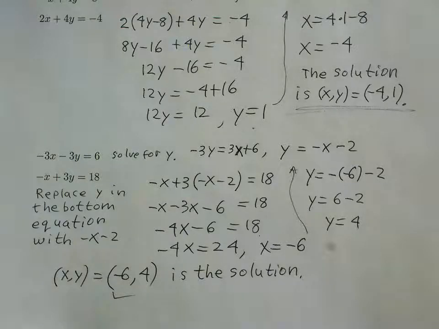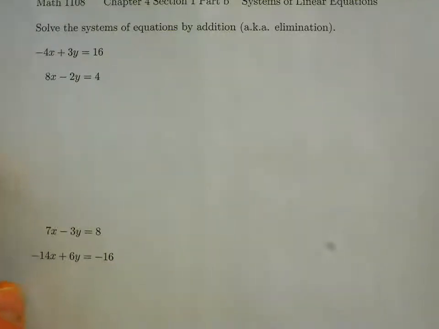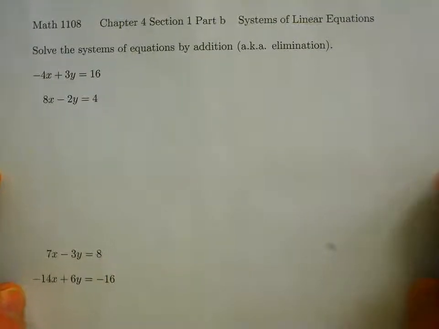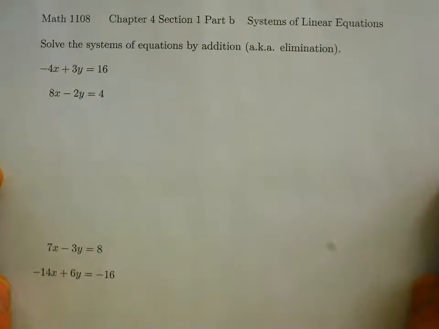Okay, the next few examples will solve systems of equations by the addition method, which is also called the elimination method. The addition method means that at some point, we're going to add the equations.